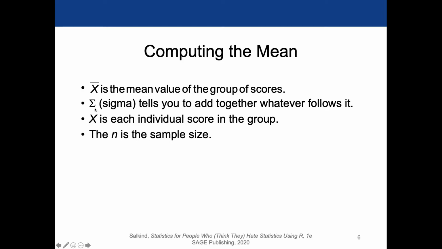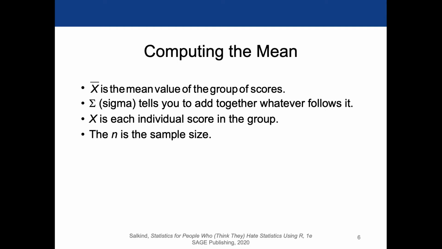Okay, so then we have sigma here, this weird looking E thing, and this tells you that we're going to add whatever follows sigma. So usually when we have sigma, the thing that follows is a list of different values. So in our case, it's x, and x represents individual scores for a group.